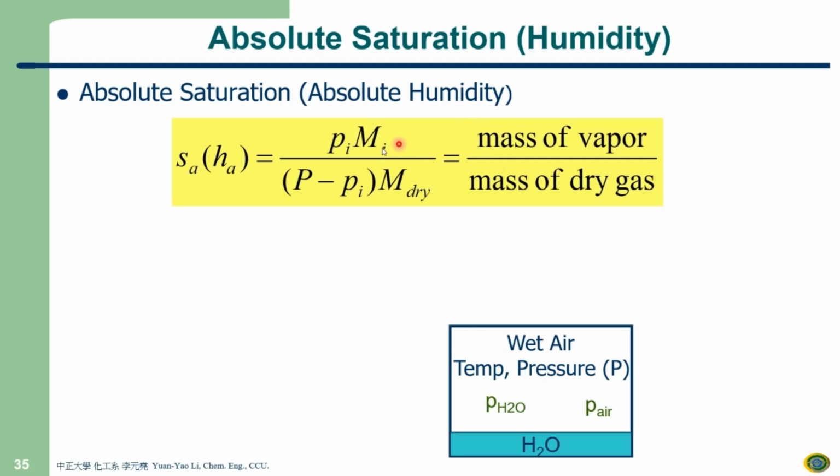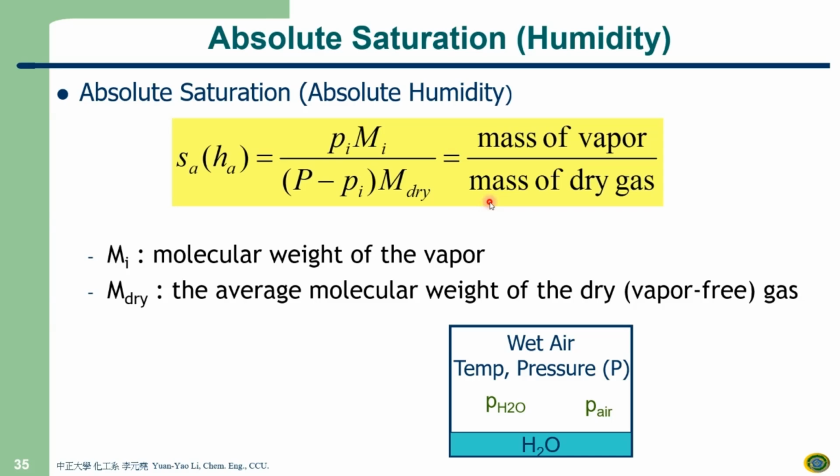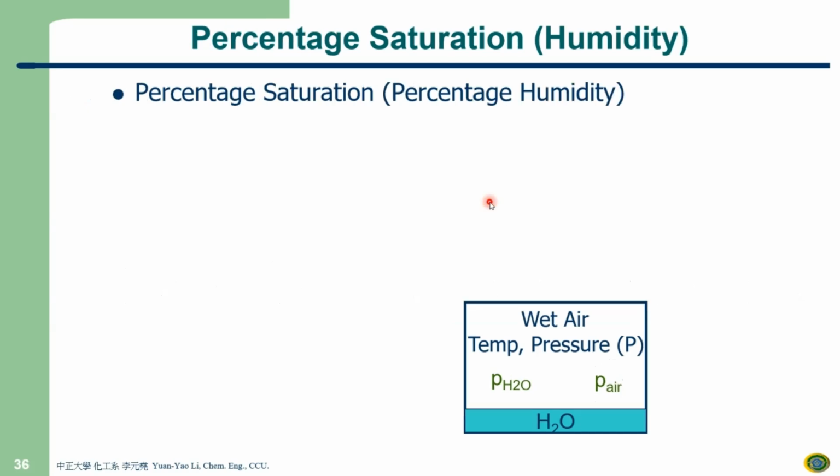So PM equals DRT, so D of the vapor will be here, and D of the dry air will be here. But we are talking about the same area, same volume, so we are talking about the different mass. This is the mass of the vapor. This is the mass of the dry air. Okay, so this is the third one, absolute saturation.